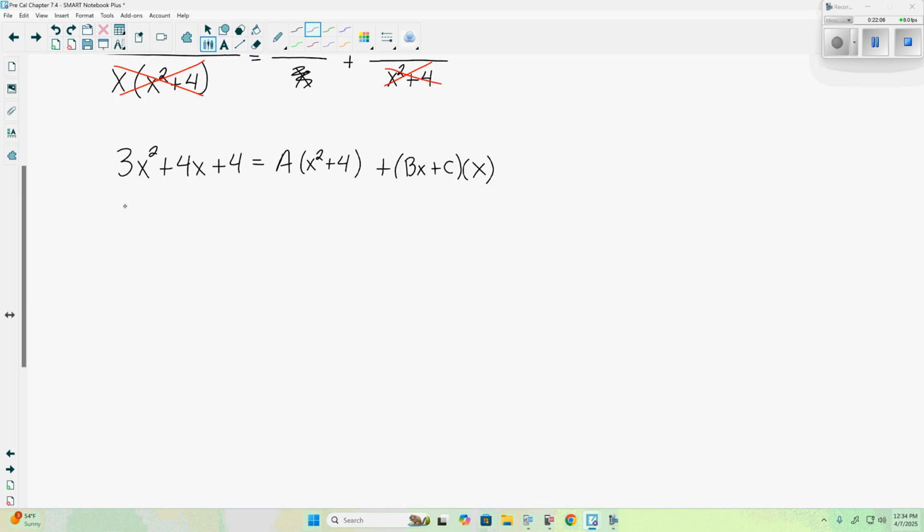And when we multiply this through, 3x squared plus 4x plus 4 is going to equal a times x squared is ax squared. A times 4 is going to be plus 4a. X times bx is going to be plus bx squared. X times c is going to be plus cx.